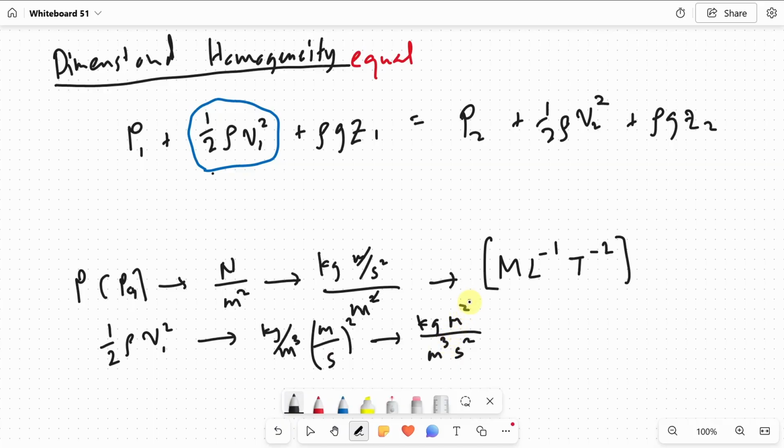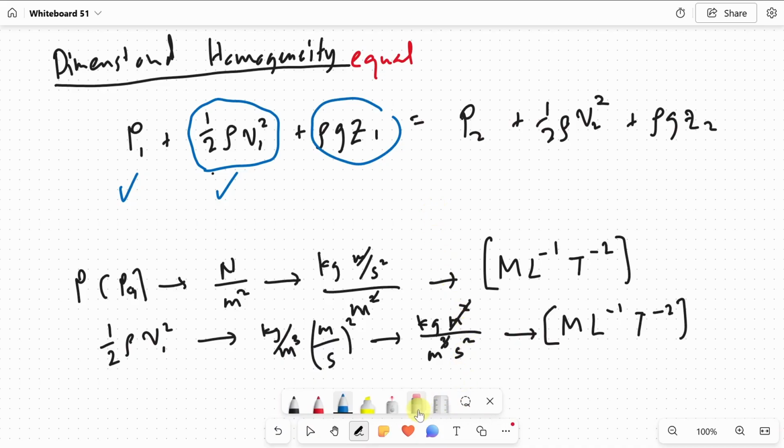So if we cancel this, you get kilogram, which is mass, over length to the power of 1 and time to the power of negative 2. So we get the same dimension. Okay, so the dimension of this term and this term is homogeneous, it's the same.